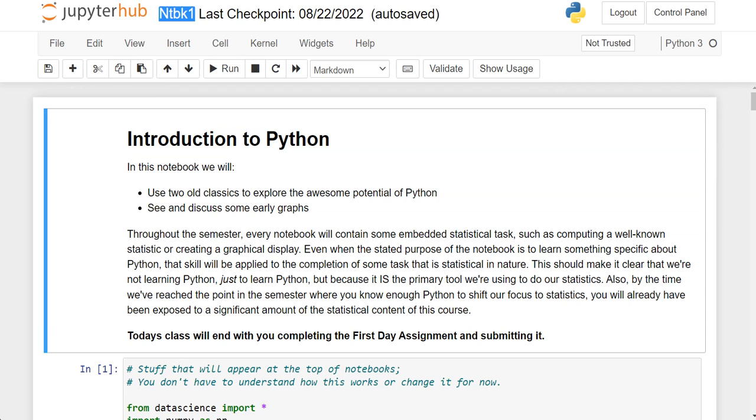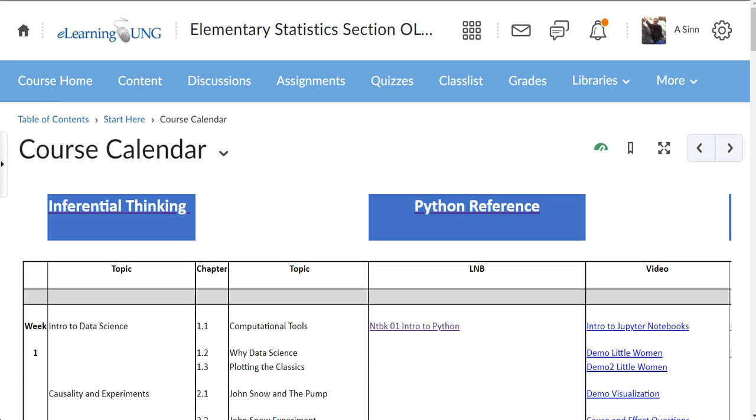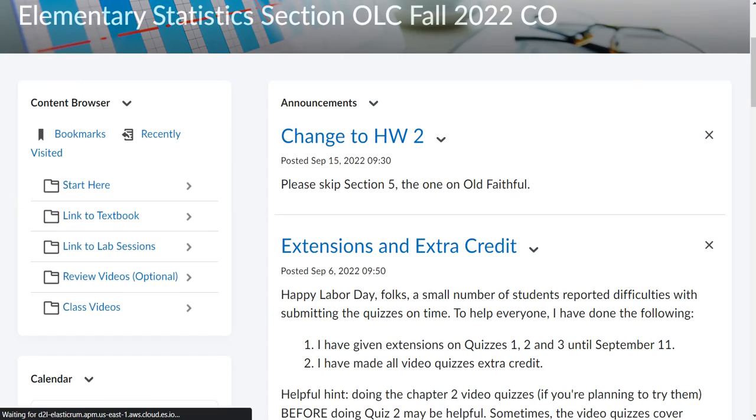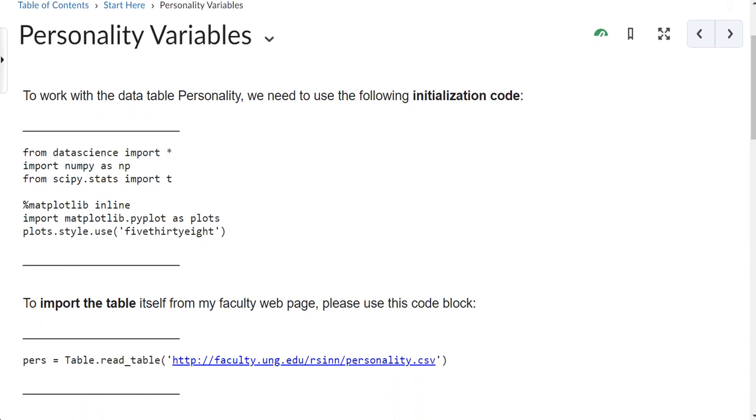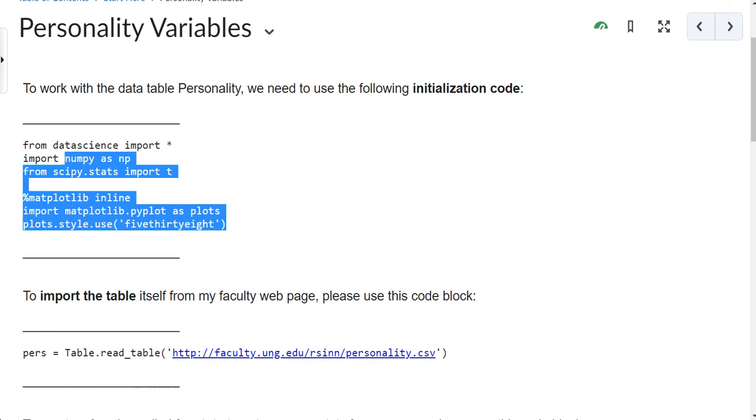So what I'm going to do is I'm going to go back to the first tab that I had open and use the back arrow. Why? Because I would like to be back at the course homepage. Why? Well, I'm going to show you. So if you click on Start here and you see the personality variables, you come to this page and there are some code blocks.